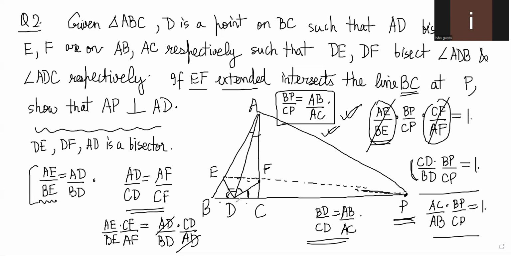But we are getting something like that only, but it is outside. The ratio is for an external point, right? That tells us that it's an external bisector, AP. It's a bisector of the external angle BAC.